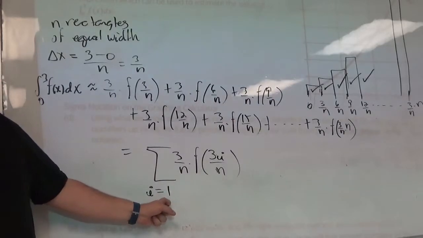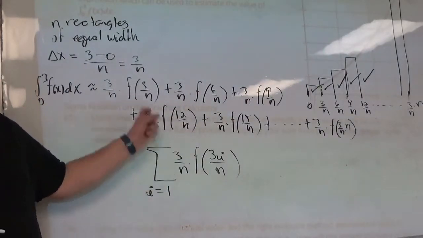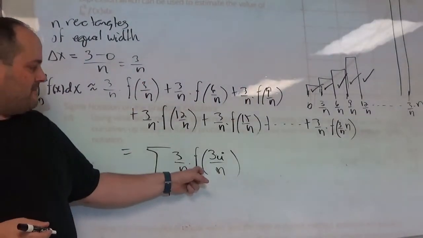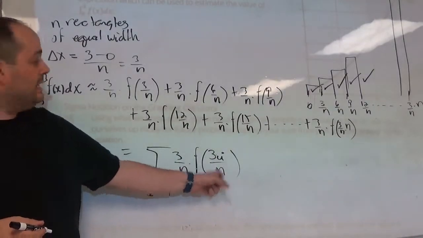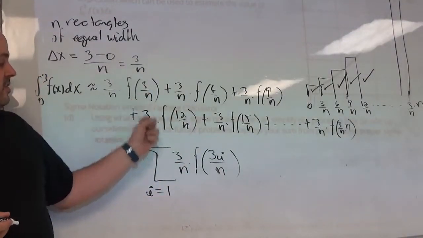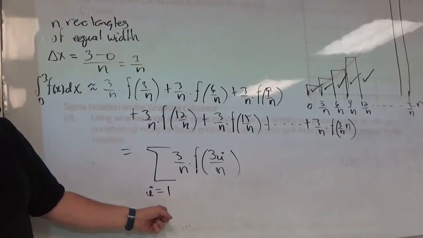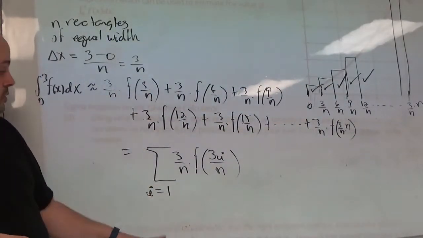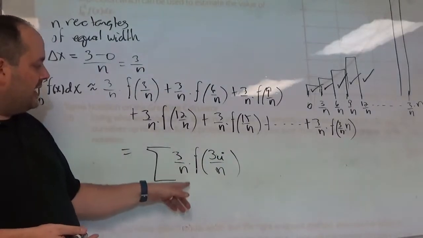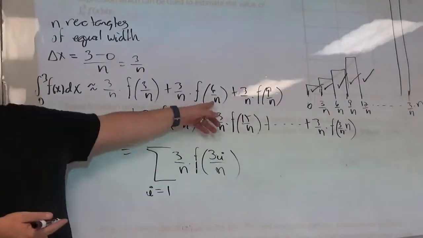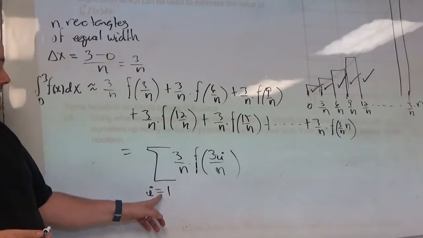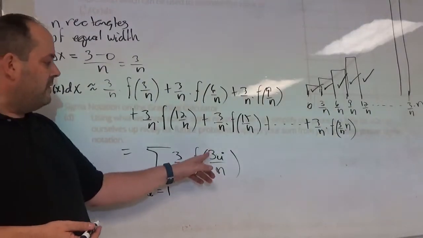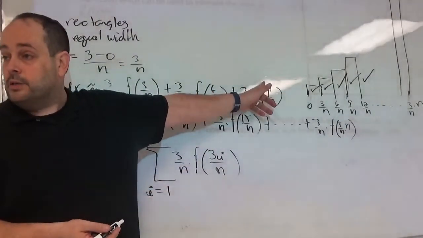If i is equal to 1, your first one is 3 over n times f of 3 over n. Did that work? Yeah. The way your counter works is it grows by 1 every single time. So you started at 1 and the next one, 2. Try 2. 3 over n times f of 3 times 2 over n. i is now equal to 3. 3 over n times f of 3 times 3 over n. Oh, it worked.